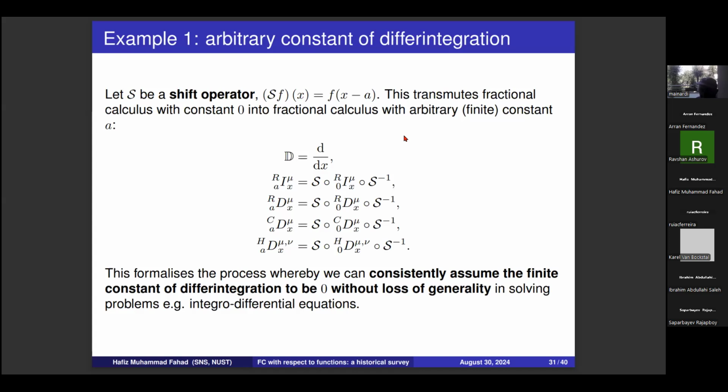In this case, the general first order ordinary derivative is just the same first order classical differential operator, and the Riemann-Liouville, Caputo, or Hilfer type fractional operators will get this form. This formalizes the process where we can assume the finite constant of differintegration to be 0 without loss of generality in solving problems, for example integral equations or differential equations.